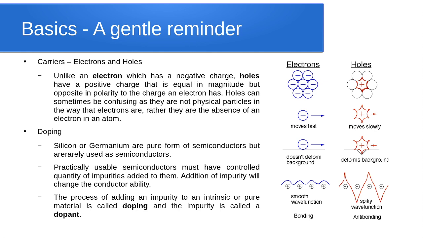So the addition of impurity will change the conducting ability of a semiconductor. This process of adding impurities to a pure semiconductor, which is called the intrinsic semiconductor, is called doping. And the impurity that we add is called the dopant.